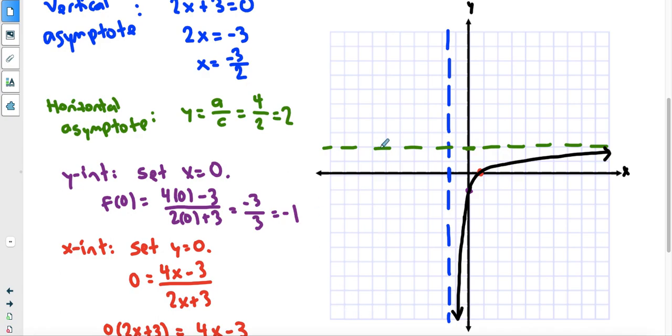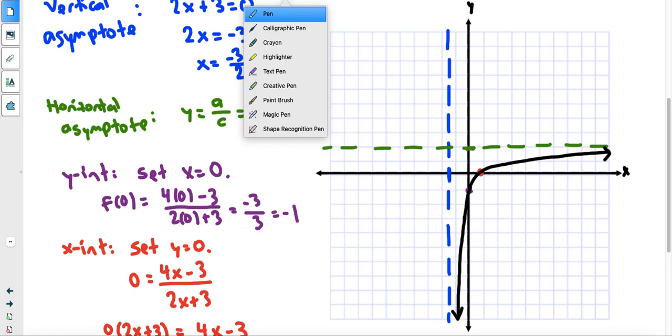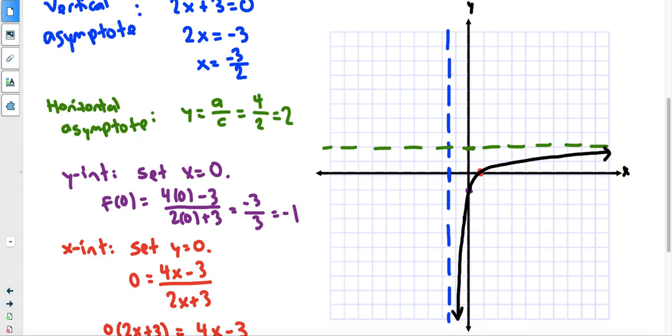And the question we need to think about is, on my line here, should I draw my curve on the top like this, or should I draw it on the bottom like this? Let's think about that for a second.